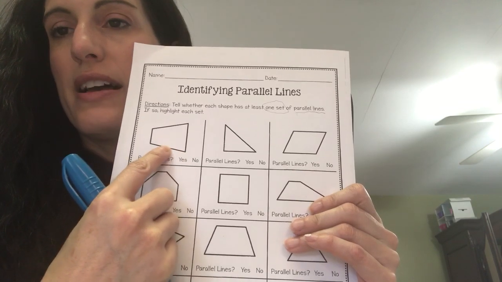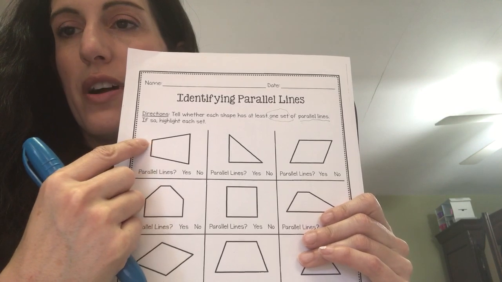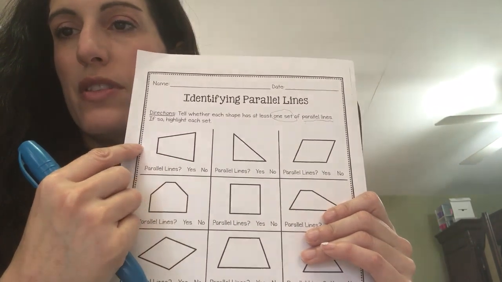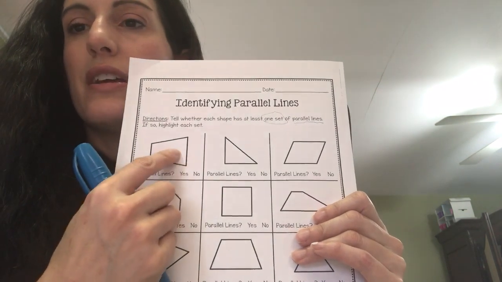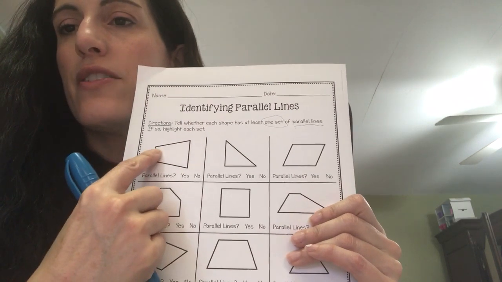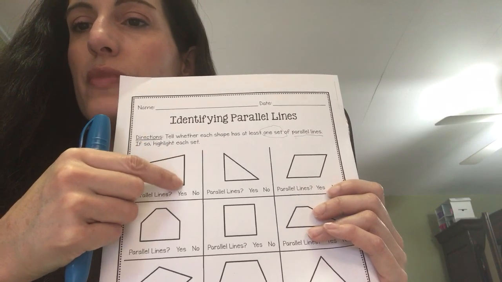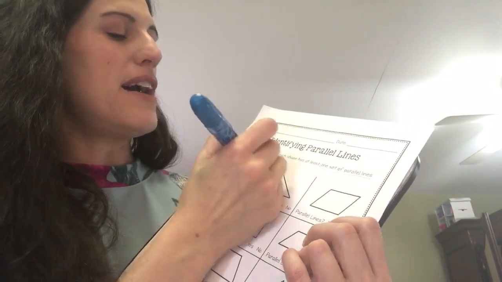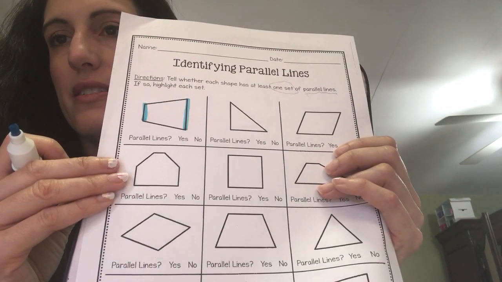Is this top line parallel to this? If I kept going with them, they would eventually cross, wouldn't they? It's wider here and narrower here, so those aren't parallel, but look at this one and this one. Those would never touch. So we do have one set of parallel lines.